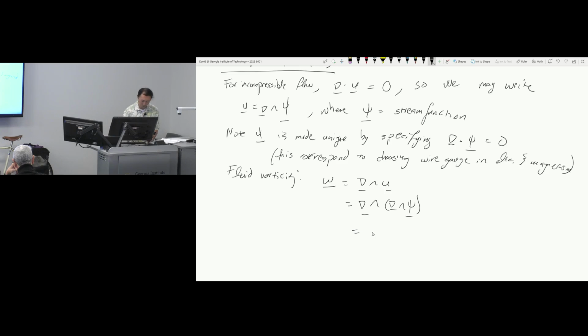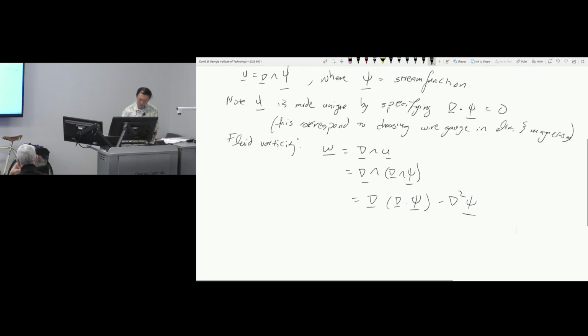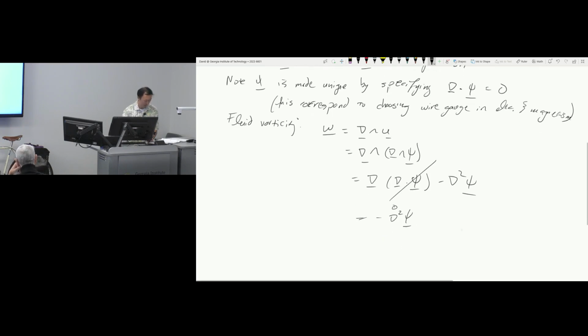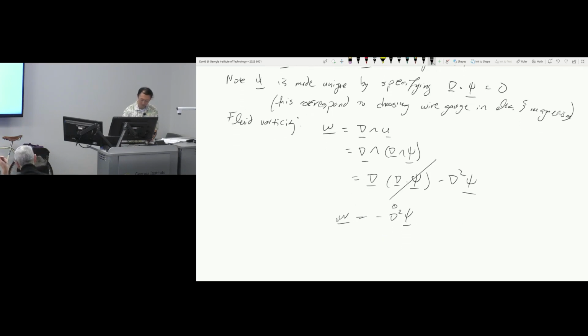With your identities from homework 1, you can write this as del of del dot psi minus del squared psi. Because we're requiring that psi has no divergence, this is 0, and so this becomes negative del squared psi. This is the stream function vorticity equation.